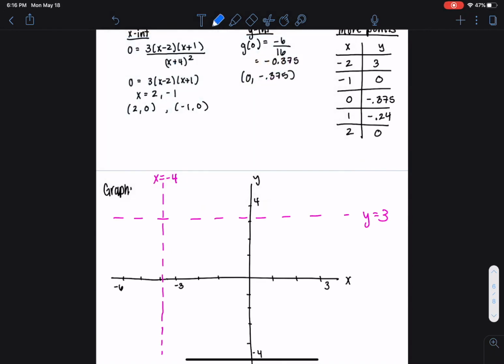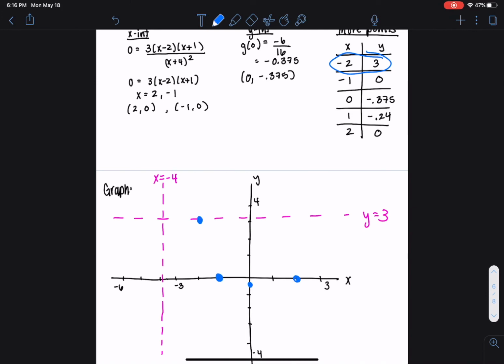You absolutely can cross this horizontal asymptote, and if you notice, we actually do right here. When you plug in -2, your output is going to be 3. We know -1 is a 0, 2 is a 0. Our y-intercept is -3.75, which is roughly around here.